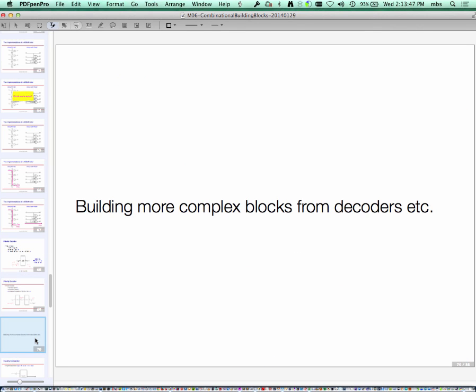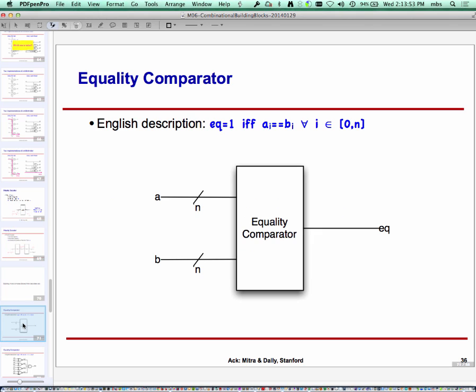So let's look at building some more complex blocks, and in particular using decoders. We want to create an equality comparator. What this equality comparator does is, it takes two n-bit inputs, A and B. We think of those inputs as representing binary numbers, and we want to output if the two numbers are equal, that is, if the two match bit to bit.